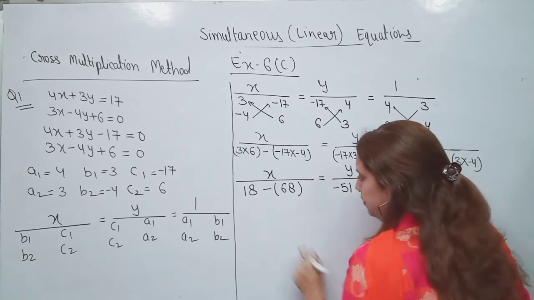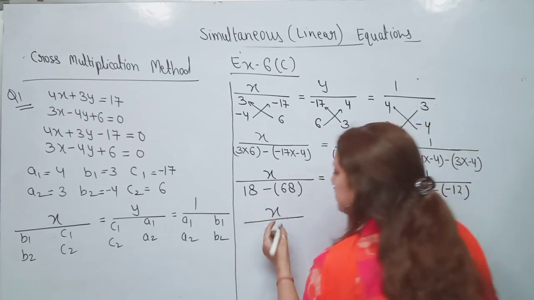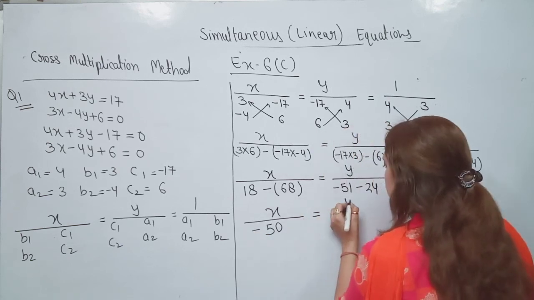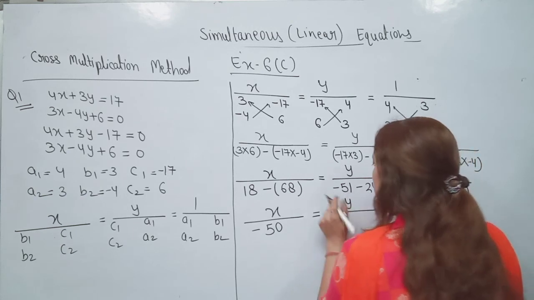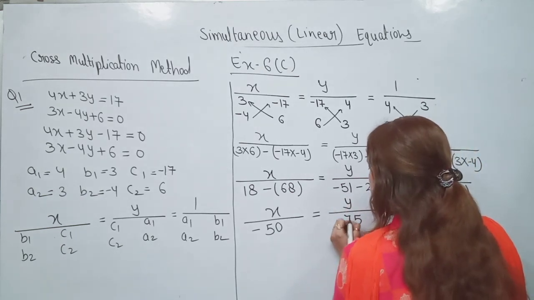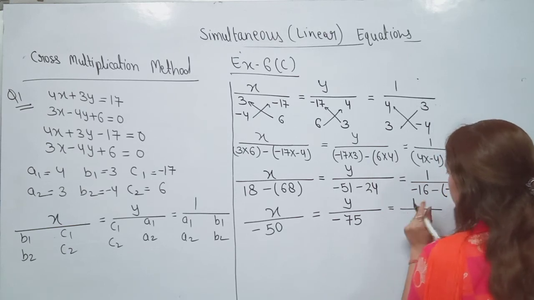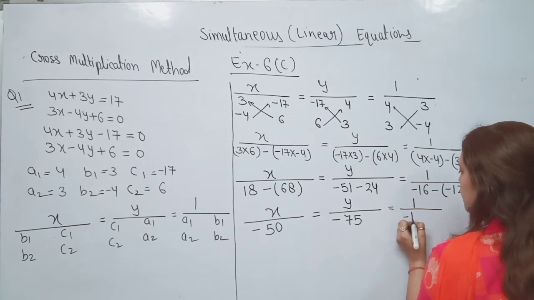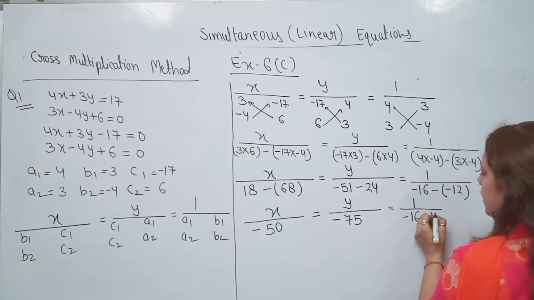Okay, so it will be x upon 18 minus 68, minus 50, is equal to y upon minus, plus 75, minus sign, is equal to 1 upon minus 16 plus 12.